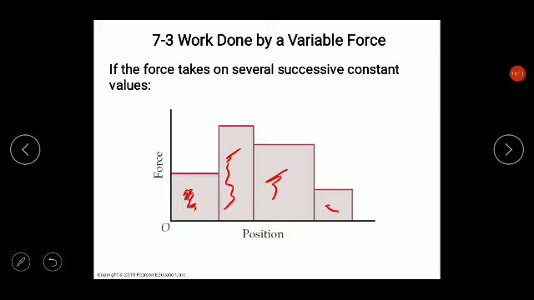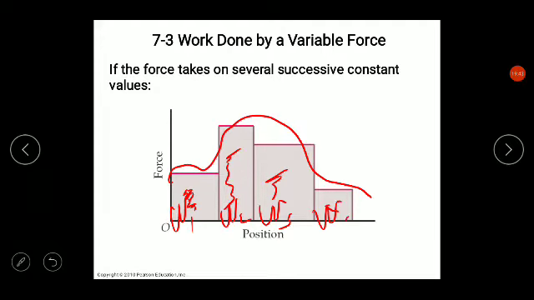If the work applied looks like this, then you're not going to use algebra anymore. Rather, you are going to use calculus. So say this is work 1, this is work 2, this is work 3, this is work 4.